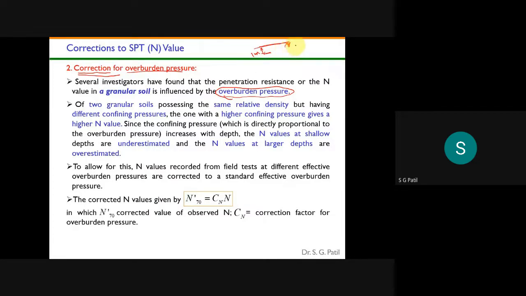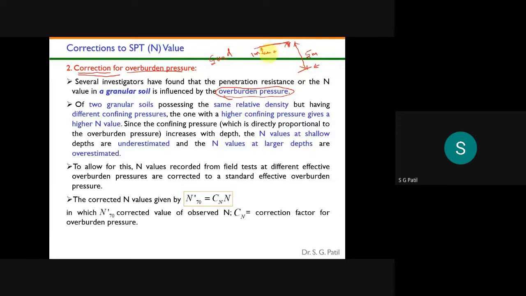The same soil continues up to a depth of 5 meters, the same sand with the same relative density. If the relative density is the same, then you should get the same N value whether you perform the test at 1 meter or 5 meters depth. But you won't get the same N value because of overburden pressure.